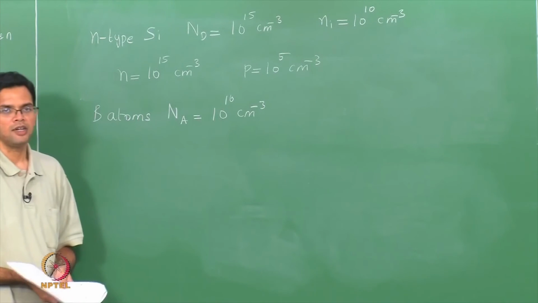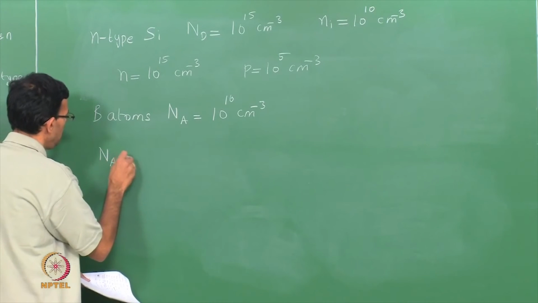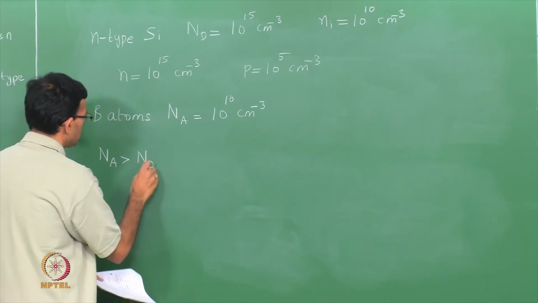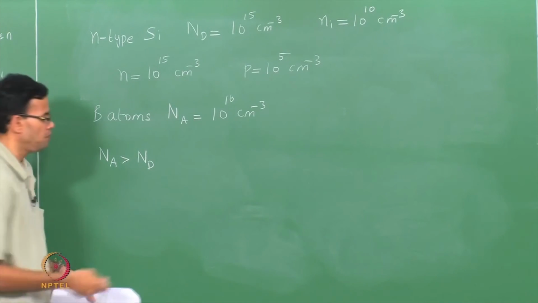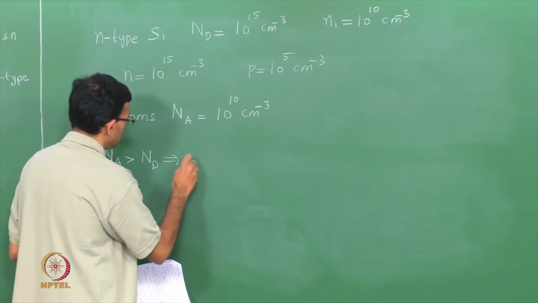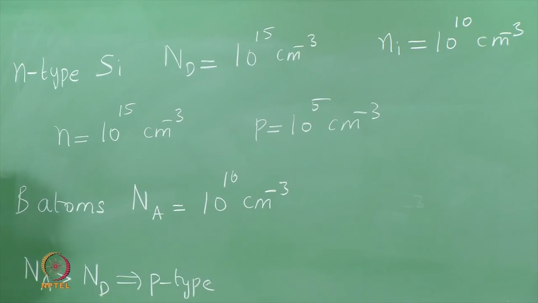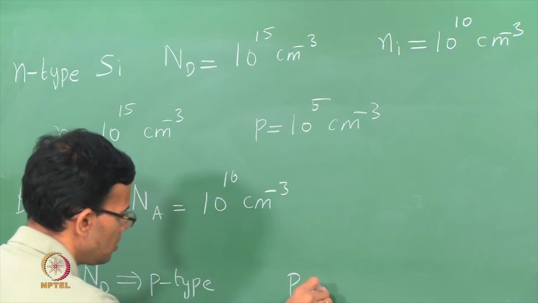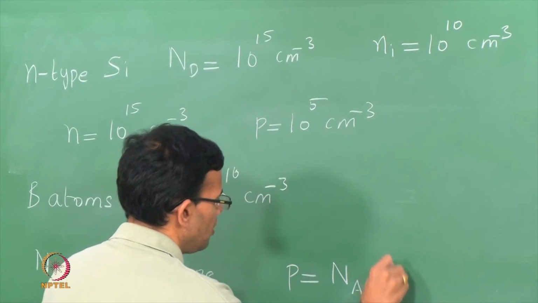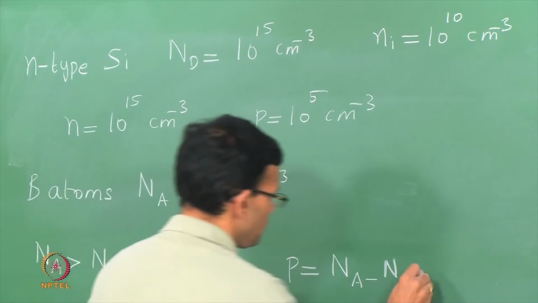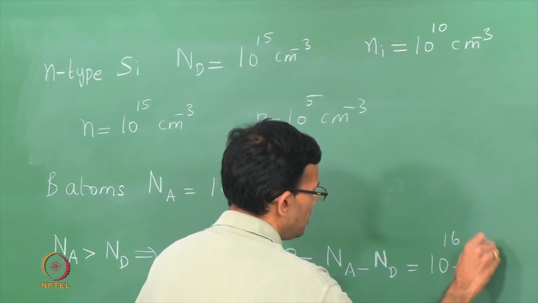So, we originally started out with an n type material. Now, you have a situation where the concentration of acceptors is more than that of donors. So, the material overall is p type. The concentration of holes is nothing but Na minus Nd, which is 10 to the 16 minus 10 to the 15.